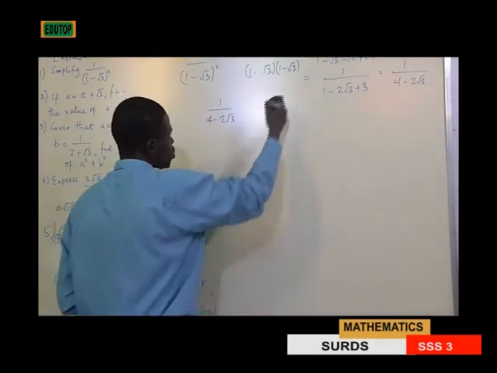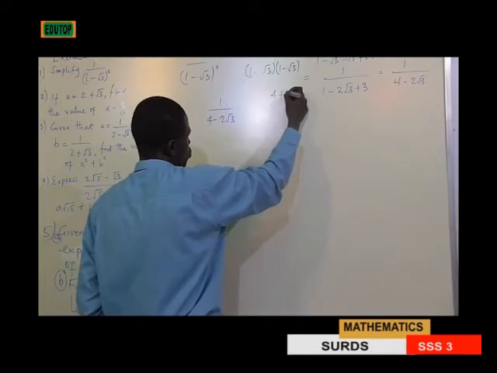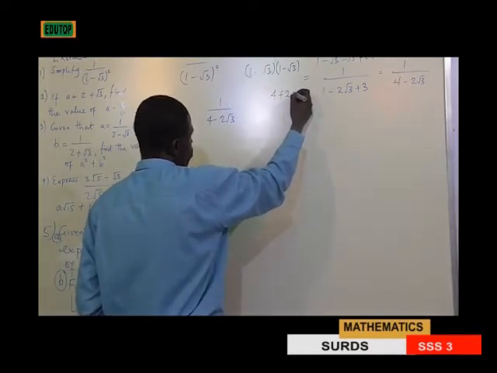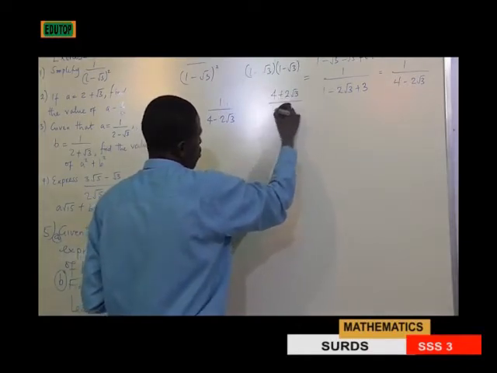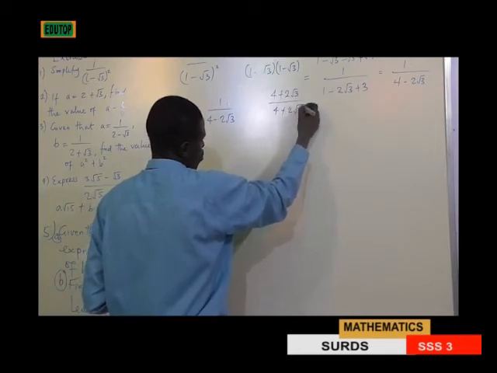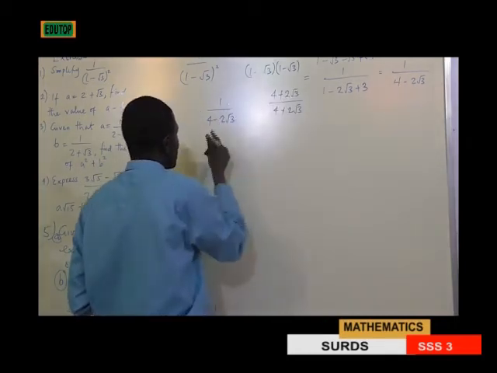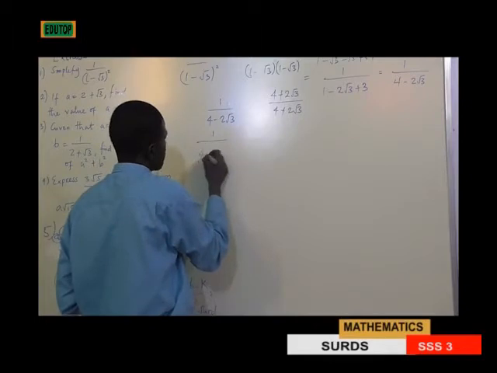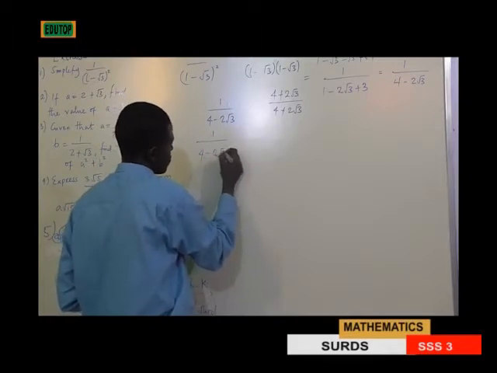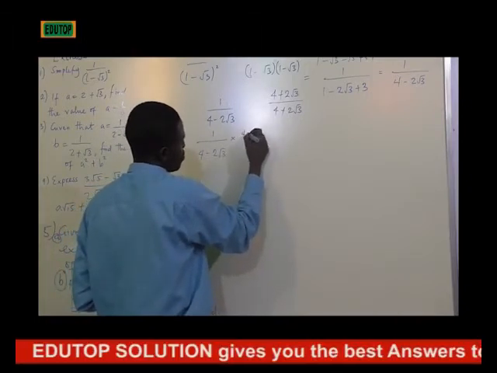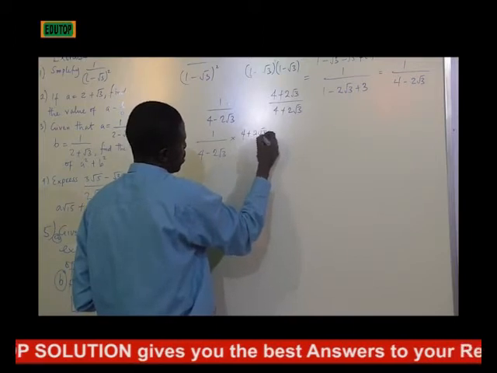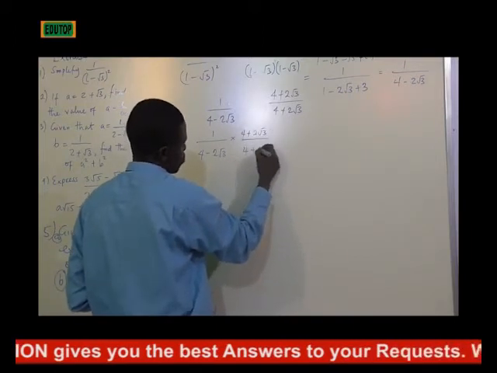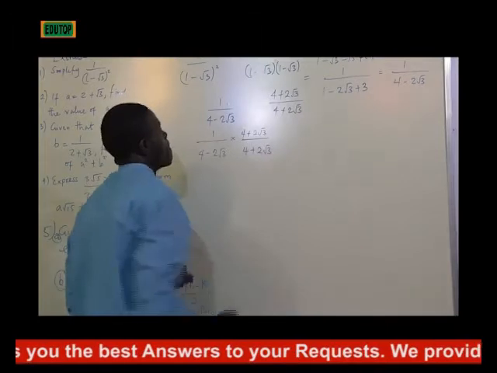And since we know that the conjugate is 4 plus 2 root 3, the fraction will be plus 2 root 3. So we use this to multiply this. And when we do that, we have times 4 plus 2 root 3 over 4 plus 2 root 3.